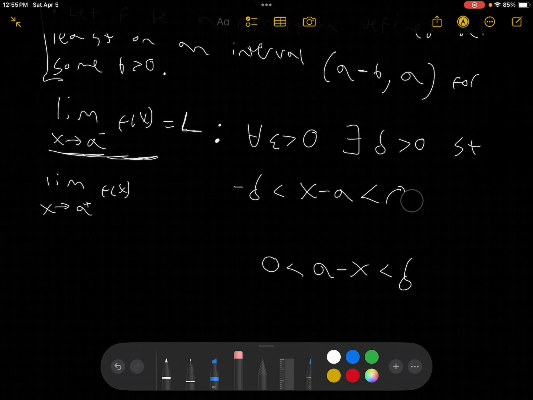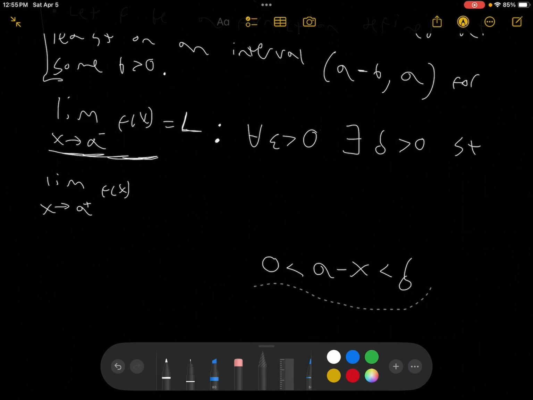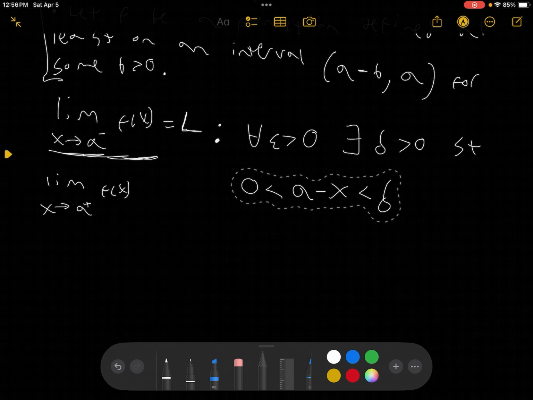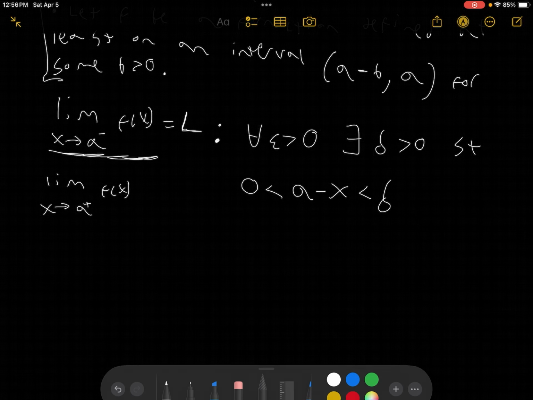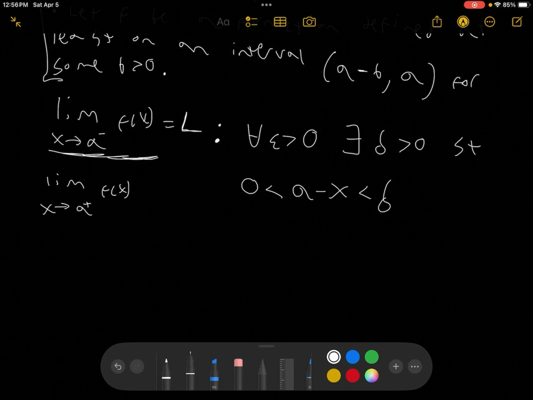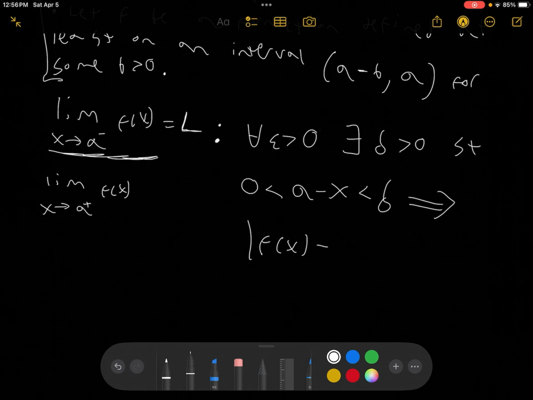So let's use this inequality instead, since it looks a bit nicer to have positive delta as opposed to negative delta. And this being true implies that the distance between f of x and L is less than epsilon.